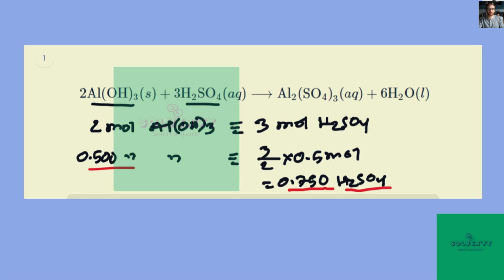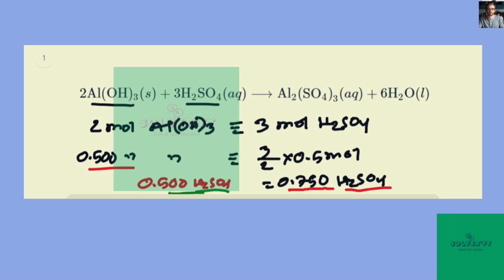But we don't have 0.75 mole H2SO4, we have 0.5 mole H2SO4. That means we have less amount of H2SO4 than we require.